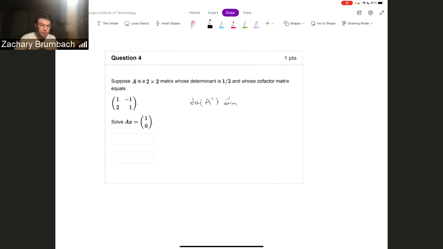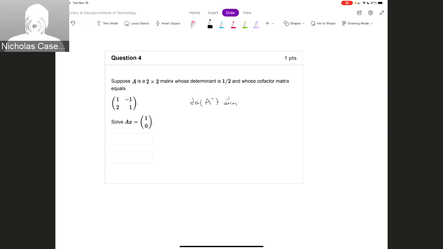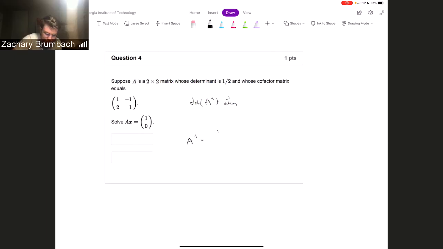This is the definition of a cofactor. So we're not responsible for this type of question, I'm guessing. I wouldn't say so, but I'm still going to write the formula for it. It's A inverse equals 1 over determinant of A, times cofactor matrix transpose. That's the definition of it.